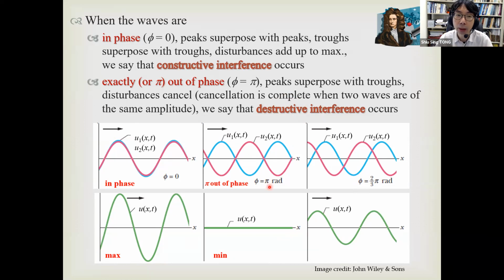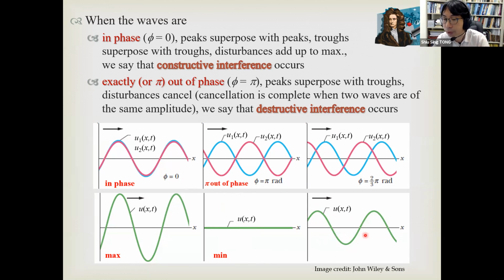Now, if the angle phi is between pi and 0, if it takes on another value, for example, 2/3 pi, then you will see a pattern like this. The two waves are not totally superposing each other, and not totally canceling each other, and that will result in a wave with the same wavelength and frequency, but the amplitude is somewhere between 2 U0 and 0.